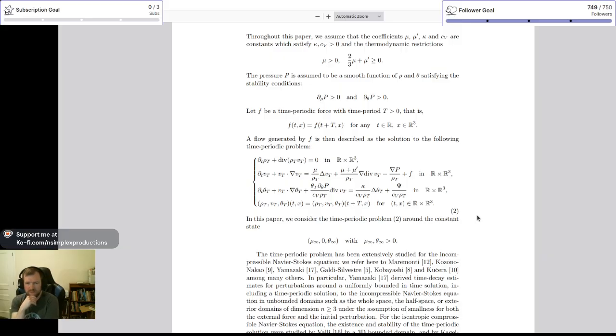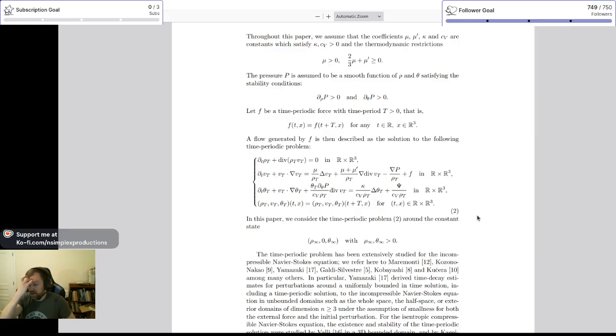Time periodic problem has been extensively studied for incompressible Navier-Stokes equation. Here we refer to Miramonte, Cozono Nakao, Yamazaki, Galdi Silvestre, Kobayashi, Kutsera, and many others.